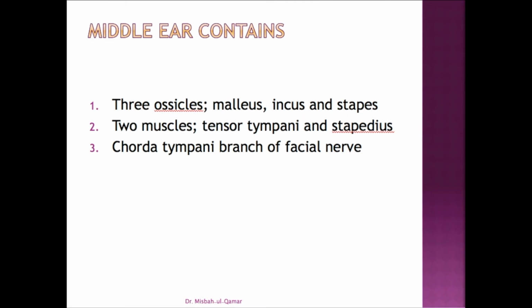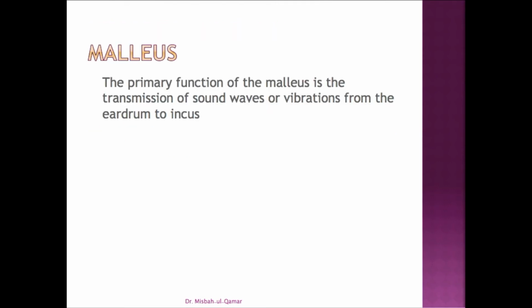So, first, moving on to the bones, malleus. The word malleus is a Latin word which is used for hammer, and it is the first bone of the middle ear.